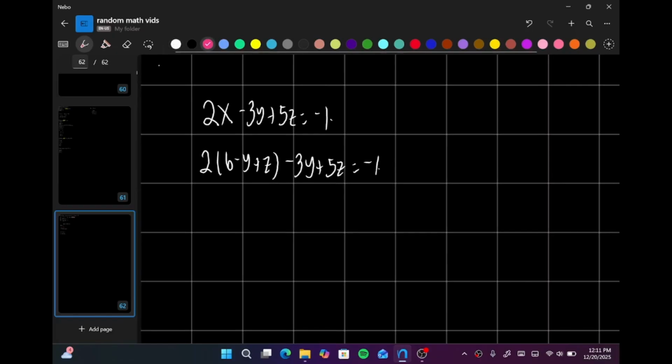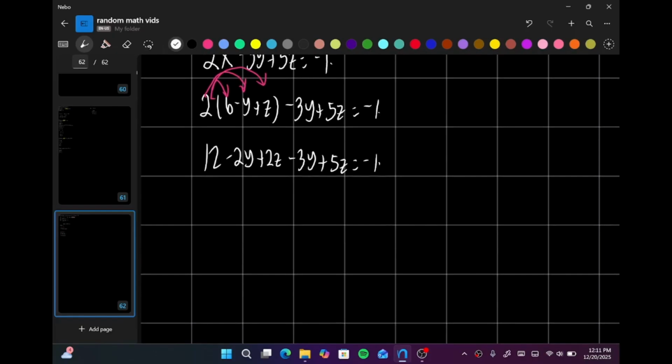Now do the distributive property and combine like terms. Here we have 12 minus 2y plus 2z minus 3y plus 5z equals negative 1. Combining like terms, we have 12 minus 5y plus 7z equals negative 1.